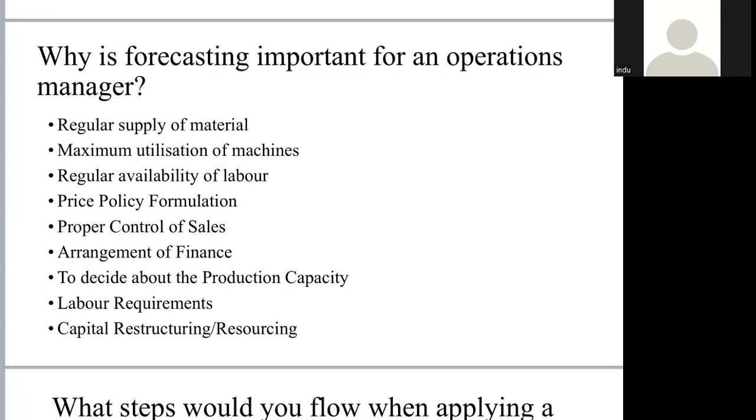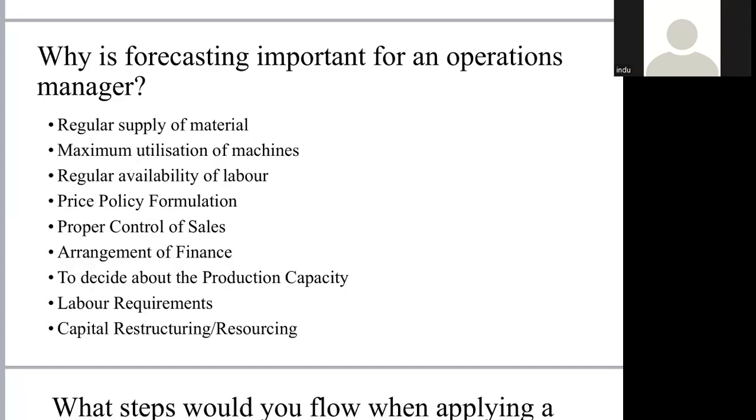Demand forecasts enable management to formulate an appropriate pricing mechanism so that the level of price does not fluctuate too much during periods of depression or inflation. Therefore, forecasting is important for this purpose.